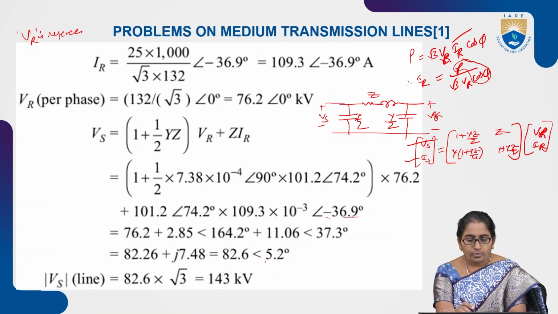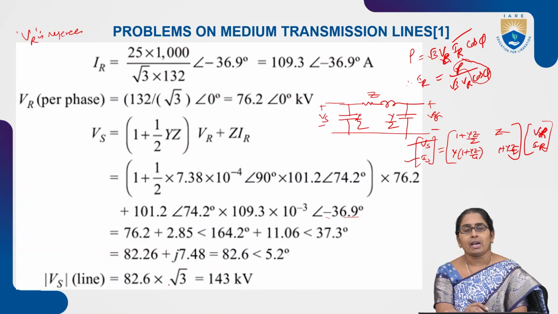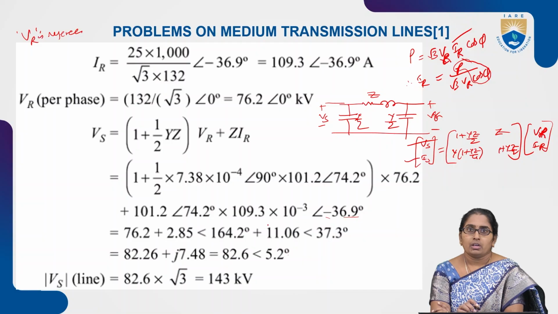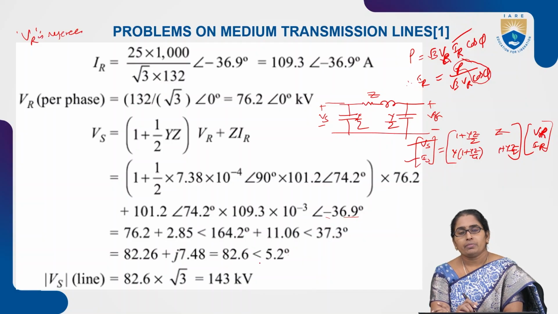That is the per phase value. The line value is calculated as root 3 into 82.6, which is obtained as 143 kV. So that is the value of Vs: 143 kilovolts.